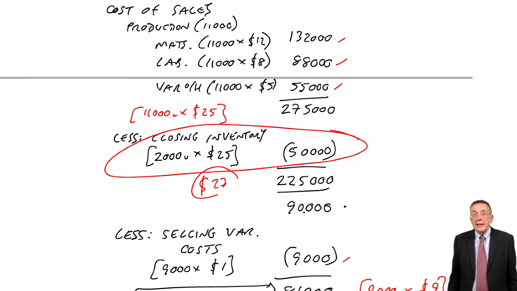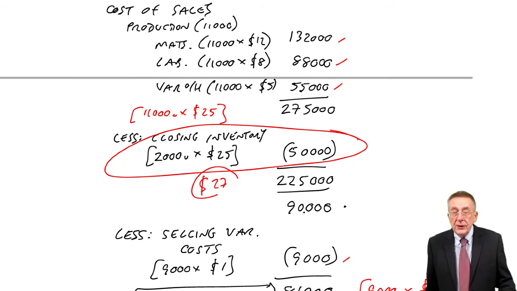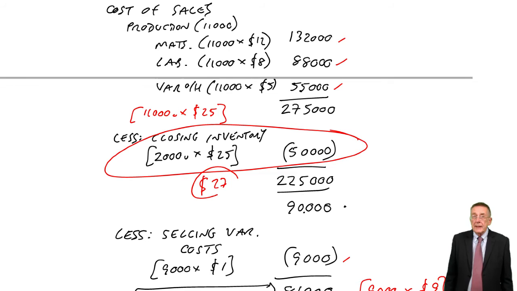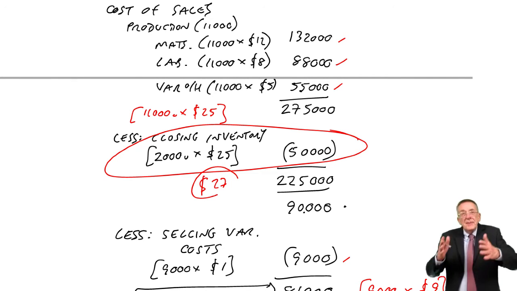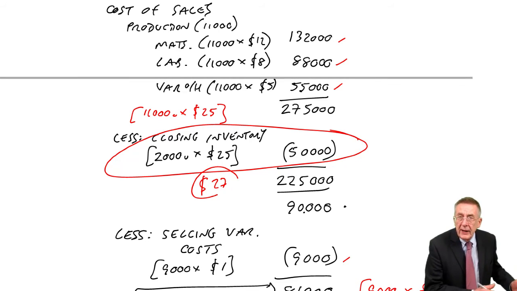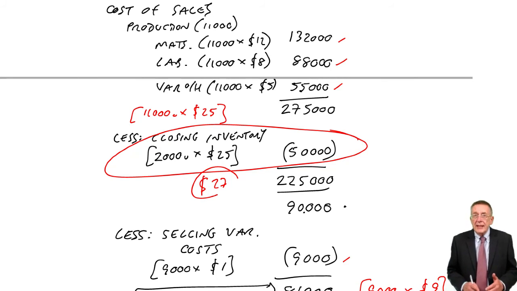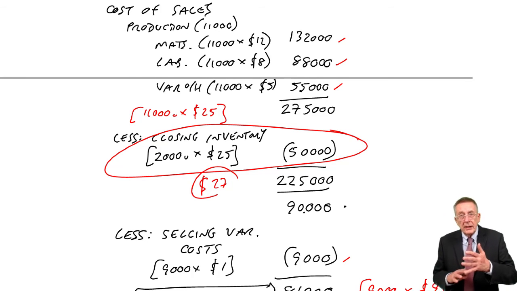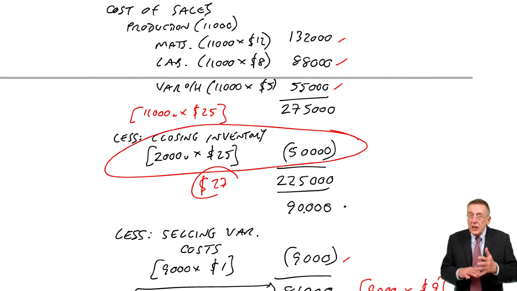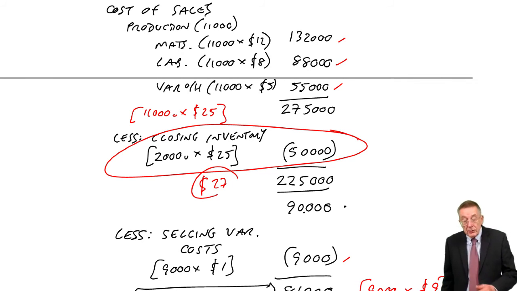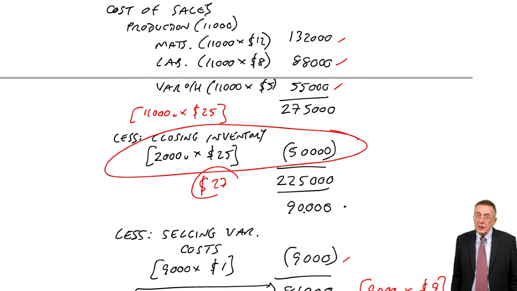And obviously, if you value your closing inventory differently, you're bound to end up with different profits. The only reason the profits are different is because of the way we value closing inventory. And the only reason we value closing inventory differently is that on the absorption cost card, we bring in the fixed overheads, which in this question were $2 a unit. With marginal costing, we don't bring in the fixed overheads.